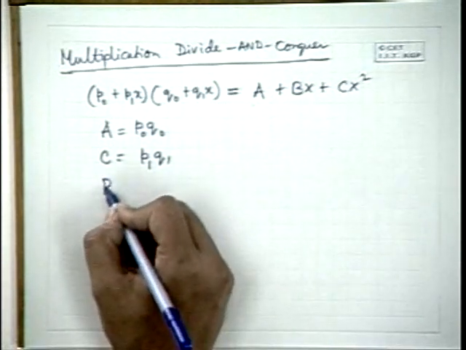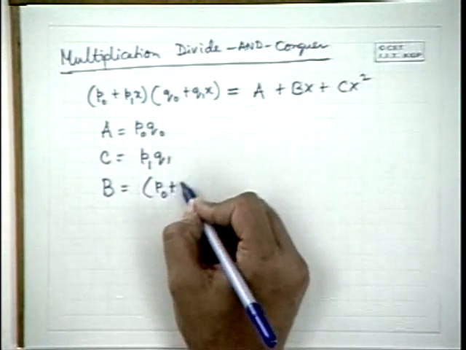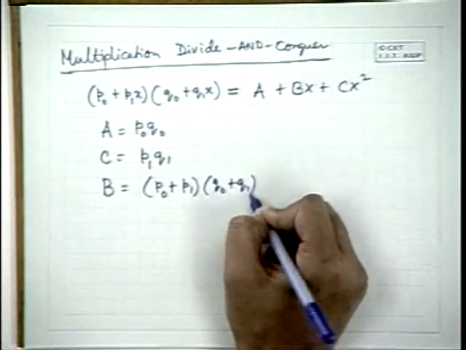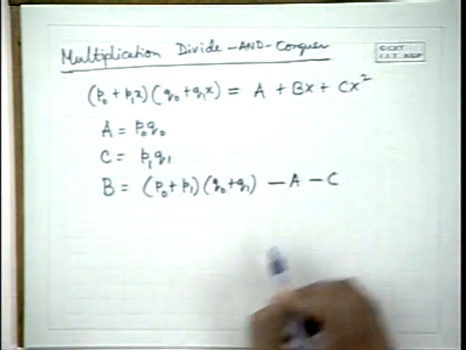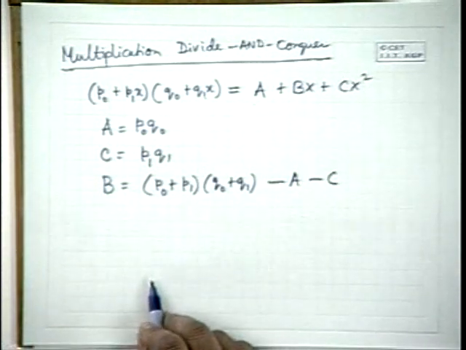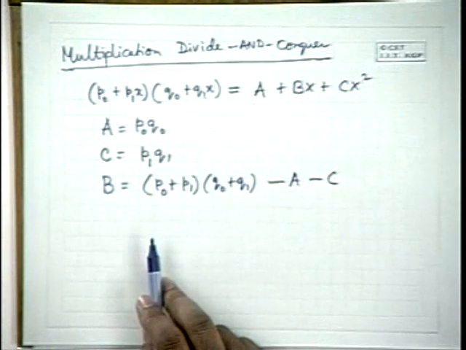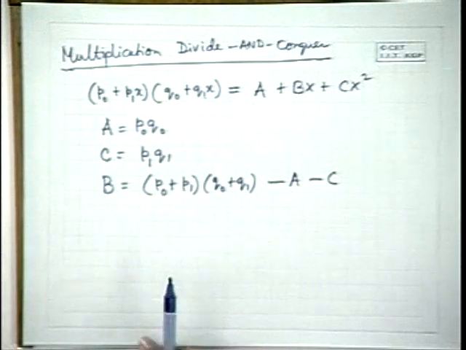Now how to get b? You observe this: you can take p0 plus p1 multiplied with q0 plus q1, and then you subtract a and subtract c, and you will get the coefficient b. So instead of 4 real multiplications, you have reduced by 1 multiplication. Now it has become 3 multiplications.